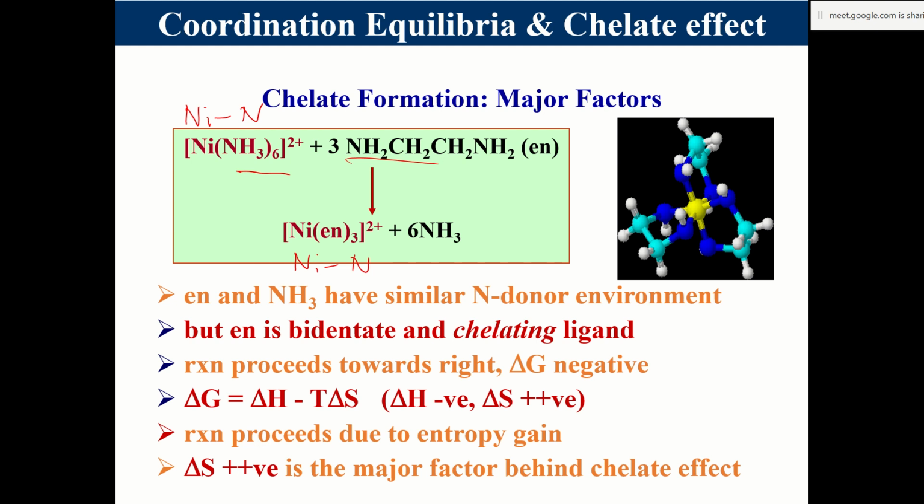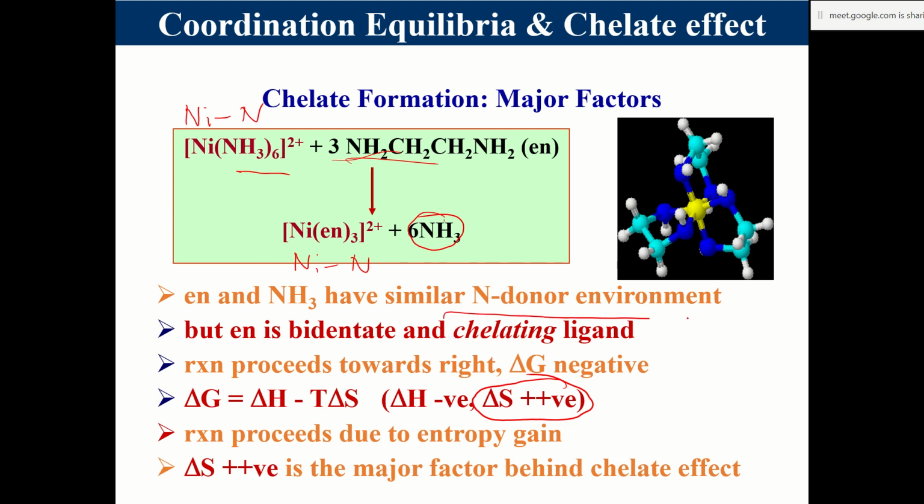The only difference is the increase in the number of species, 6 and 3. So the number of free ligand molecules has increased, and that's why overall there is a change. Delta S is positive.